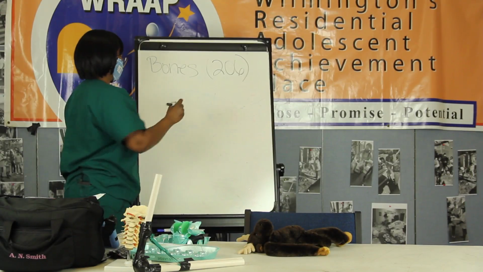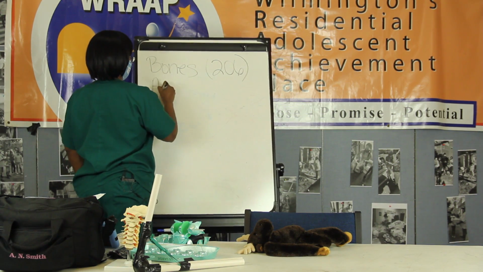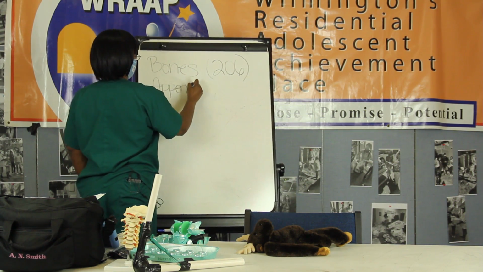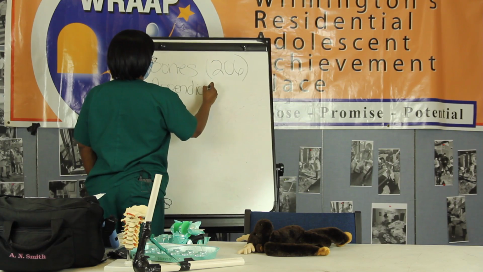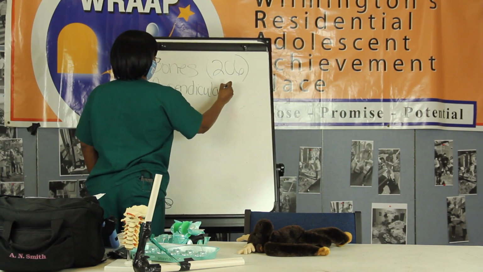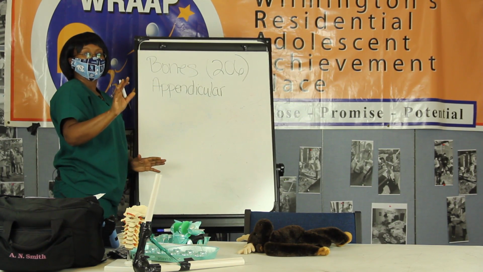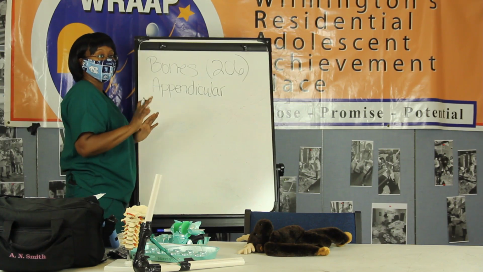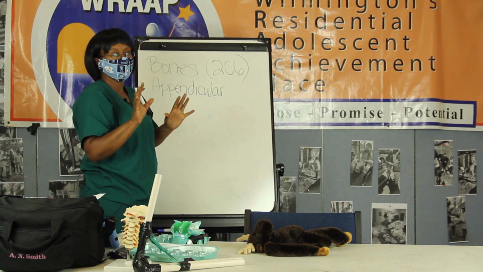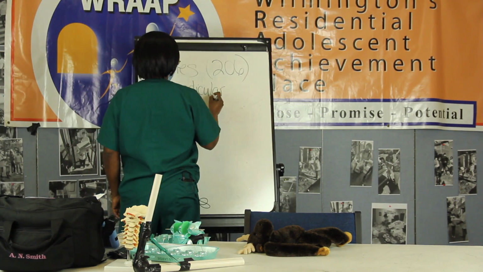The second set of bones are the appendicular bones. Now, if you don't know this word and it seems kind of out of reach for you, you can learn it, but it's not serious if you don't. You just need to know what these bones do, and they help with movement.